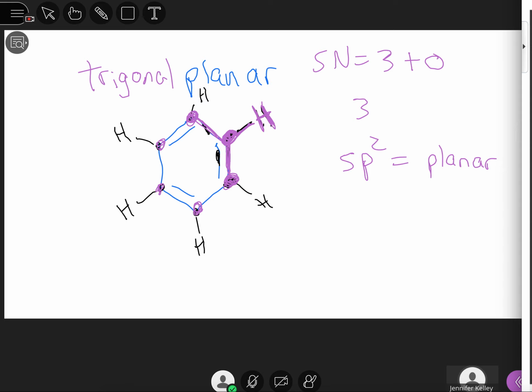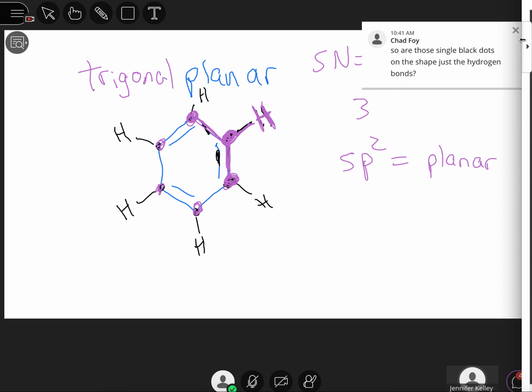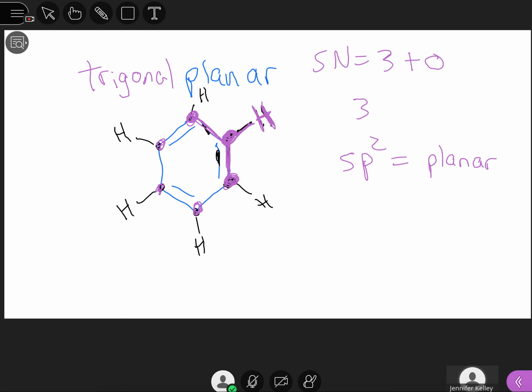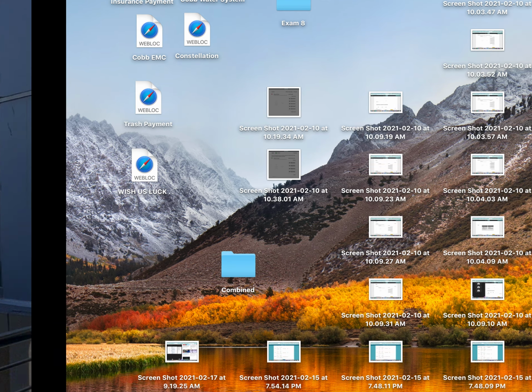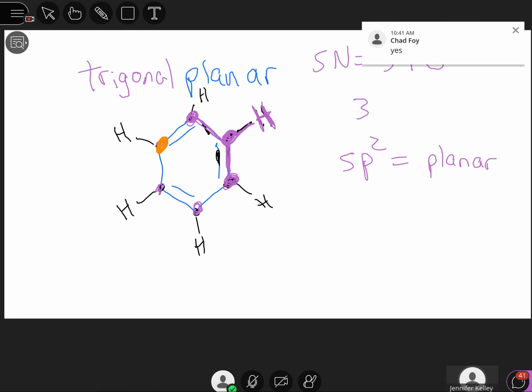I'll do it in green. Okay. Do you mean these dots right here, like the one I just turned orange? Those are the carbons.